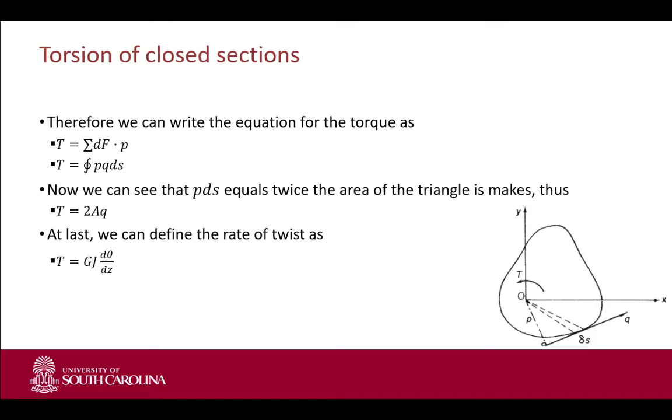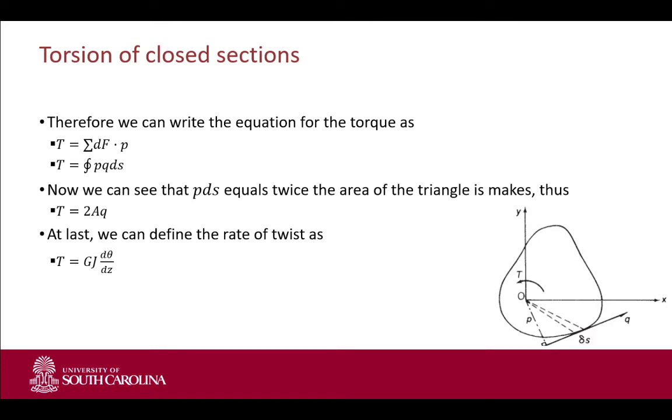So the next step, where we left off, was okay, let's define the rate of twist. I think the rate of twist is similar to what we did earlier. I have to go back a bit. So yeah, so we have our rate of twist.